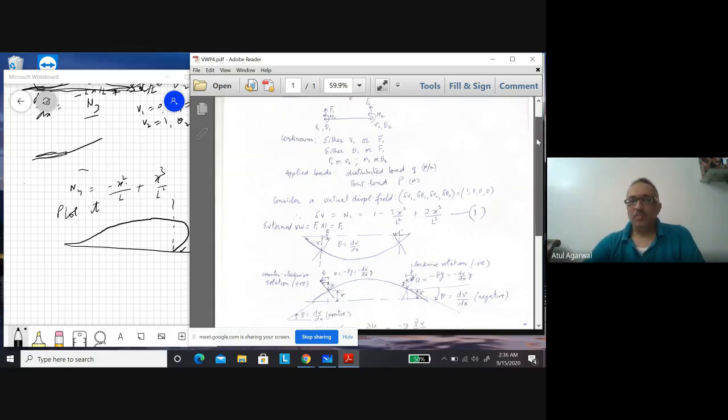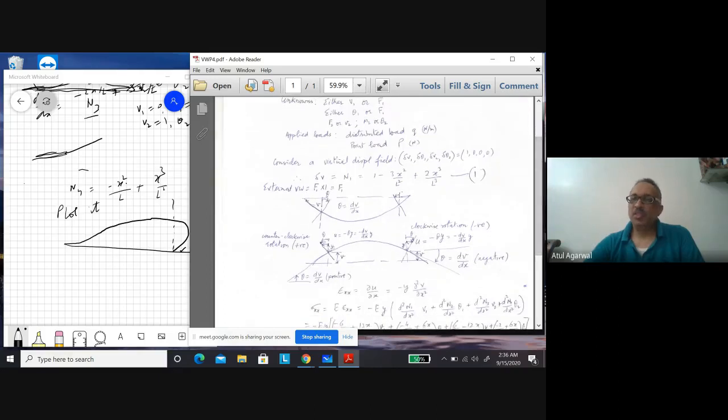Now we consider a virtual displacement field given by delta V1, delta theta 1, delta V2, delta theta 2 equal to 1, 0, 0, 0. So delta V1 is 1, and the others are 0. So our virtual displacement field becomes N1.